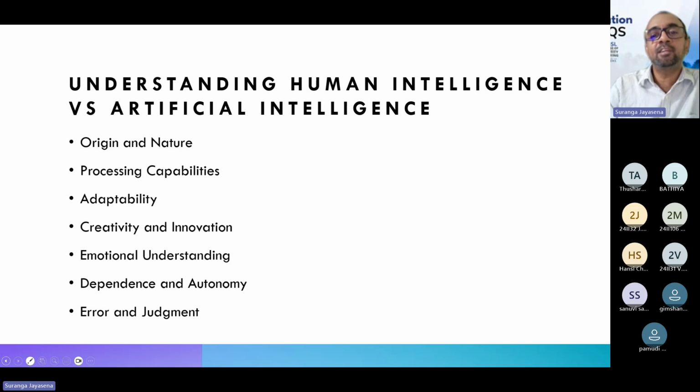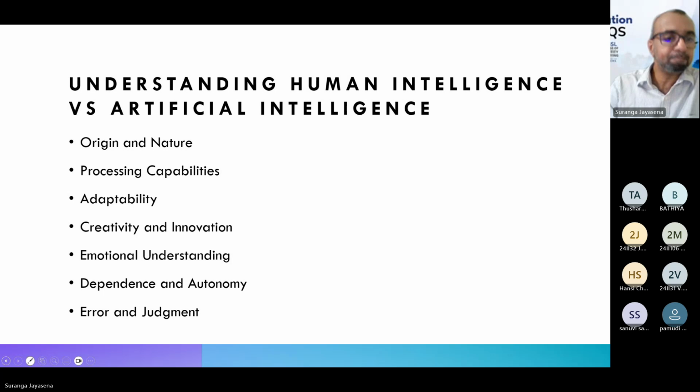Then creativity and innovation. There's still a difference, but you can see AI can generate a lot of creative things, right? So it can generate these new things within the parameters given, because you have to always remember somebody has to make that programming happen, right? So within that they can generate creative things.